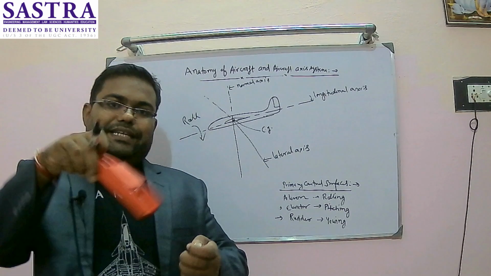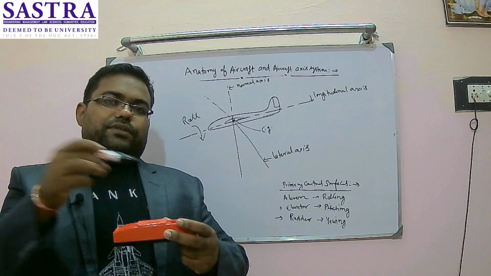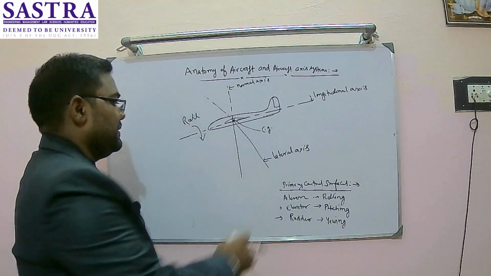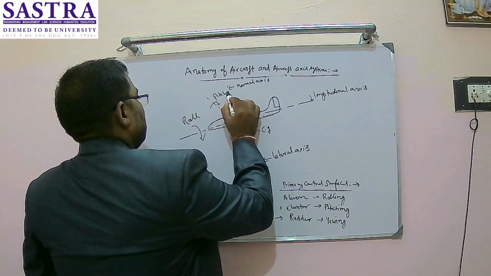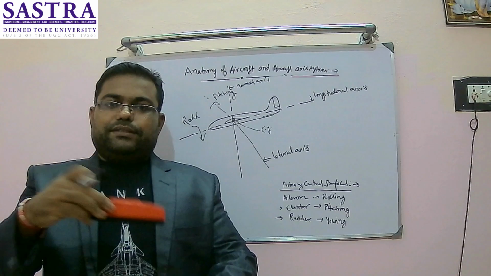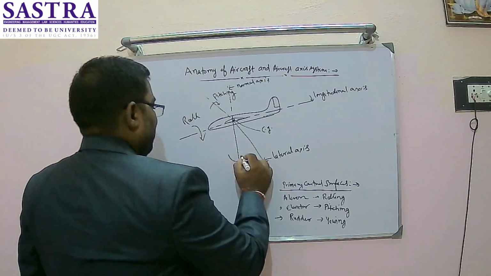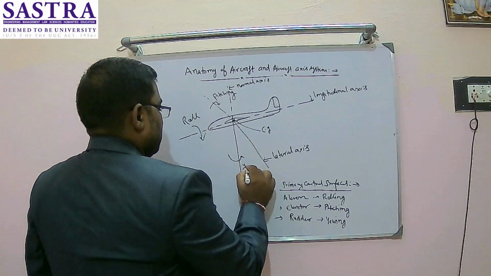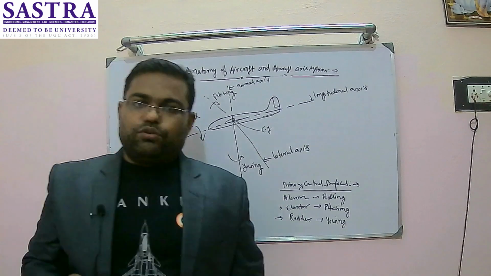Similarly, pitching is happening about a line passing from one wing tip to another wing tip, so about the lateral axis my pitching motion will happen. And yawing, the sideways motion, is happening about this imaginary line, so yawing will happen about the normal axis. Is that clear?